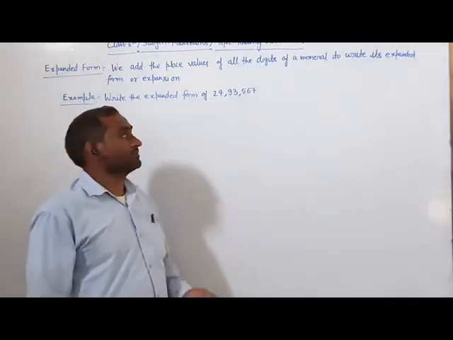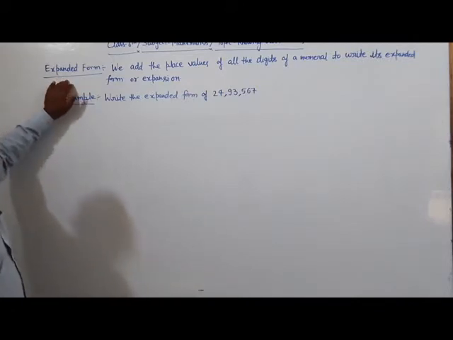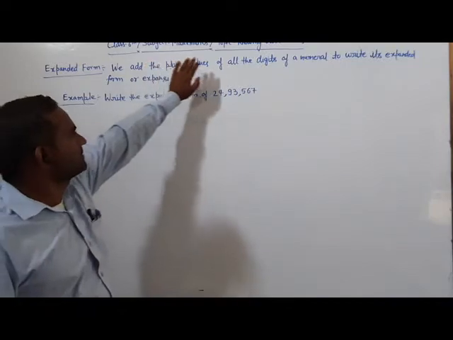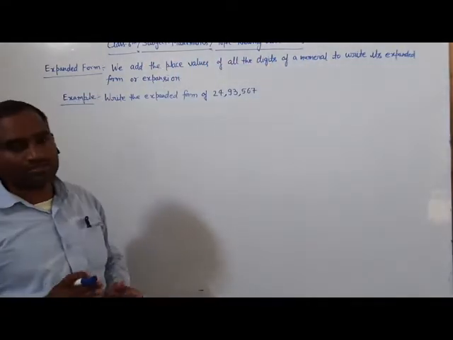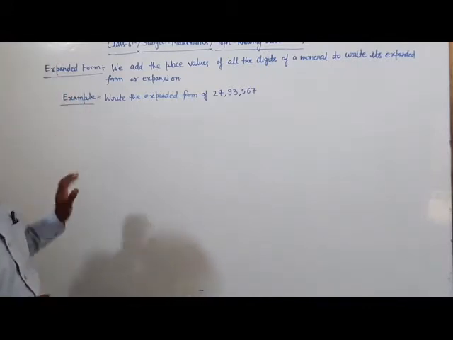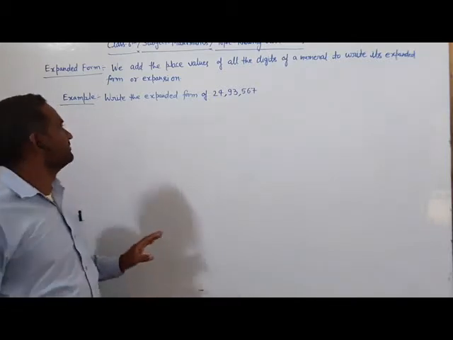Hello student, today we have to study about the expanded form, for class 6, topic Knowing Our Numbers. Under Knowing Our Numbers, today we have to know how to write the expanded form of any number.